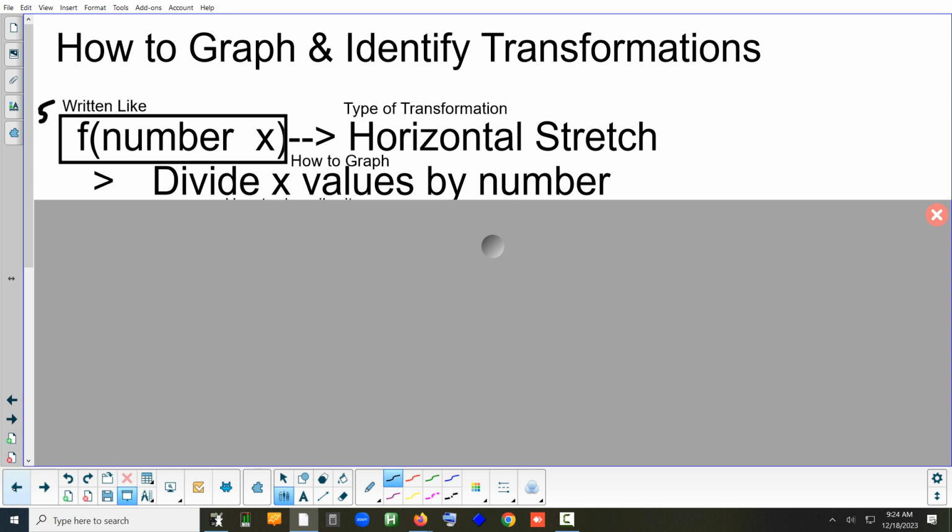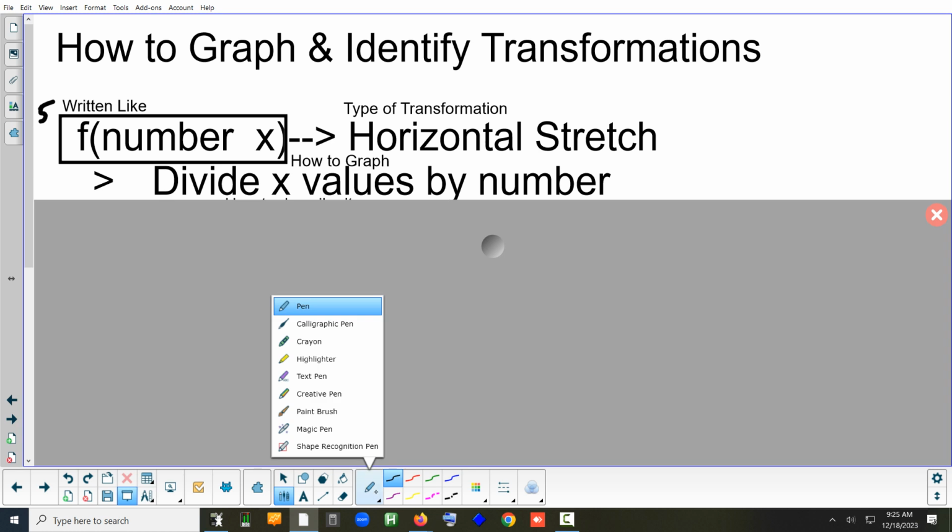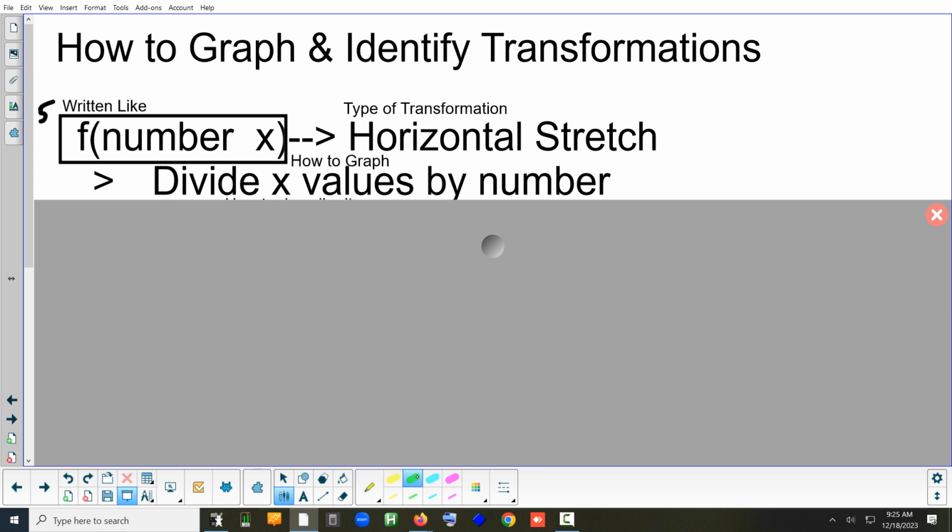So if you have a problem that matches the pattern in box 5, this is what you want to put in the how to graph. Divide the x values by the number. What number? Whatever number is in front of x.